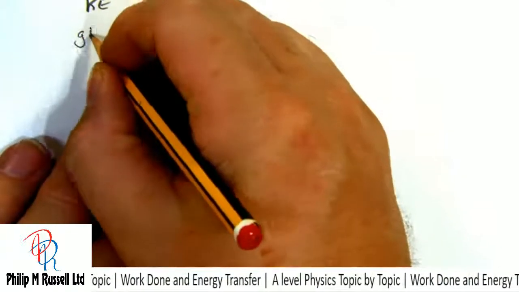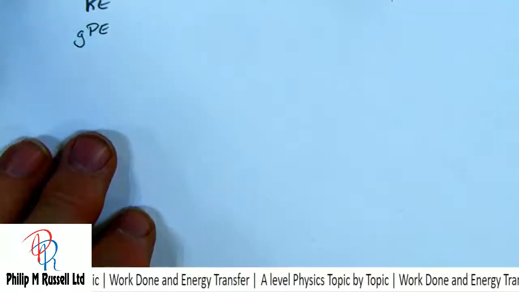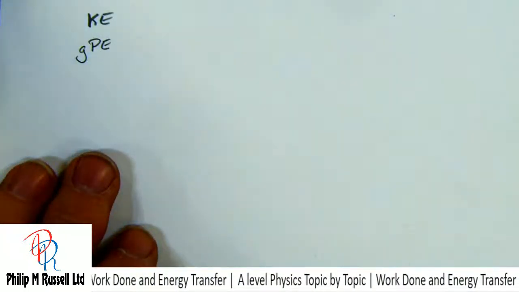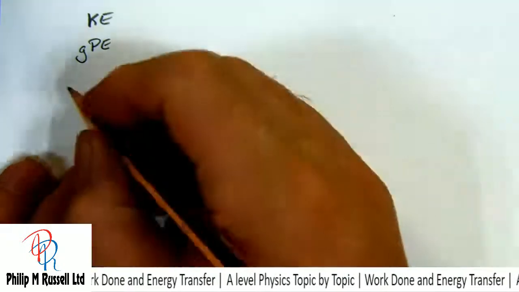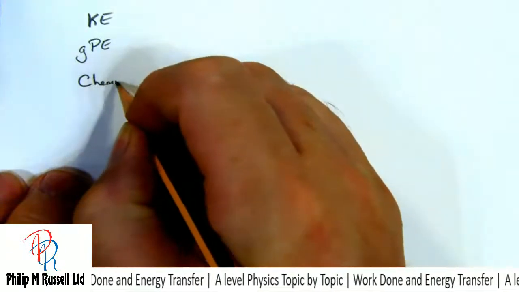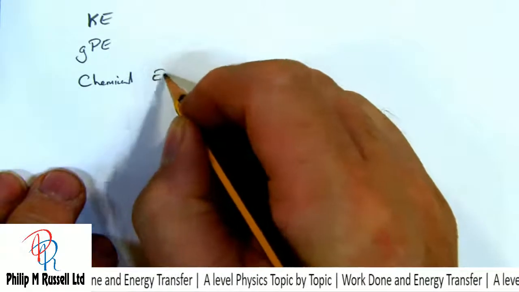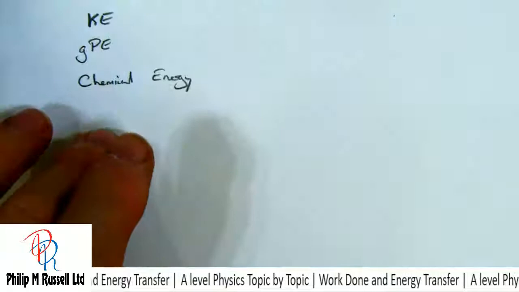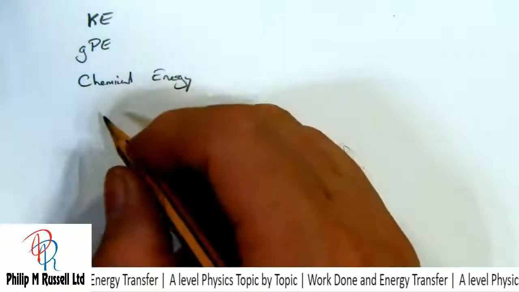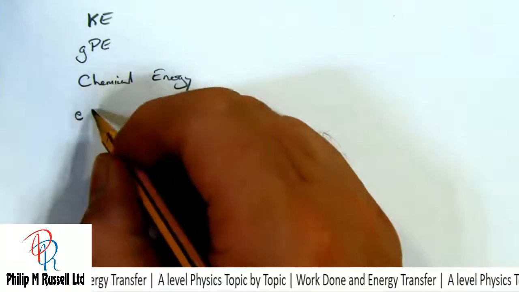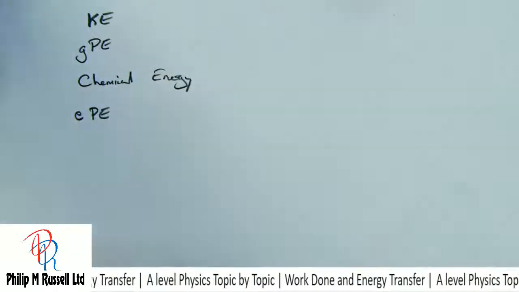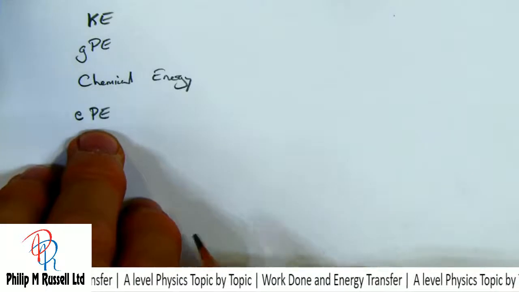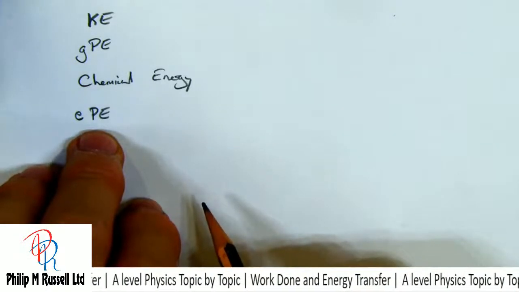We've mentioned gravitational potential energy, the energy of position in a gravitational field. We've got probably one of my favourites, which is chemical energy, the energy contained within chemical bonds. We've got elastic potential energy, where we can store energy up in a spring or elastic band.